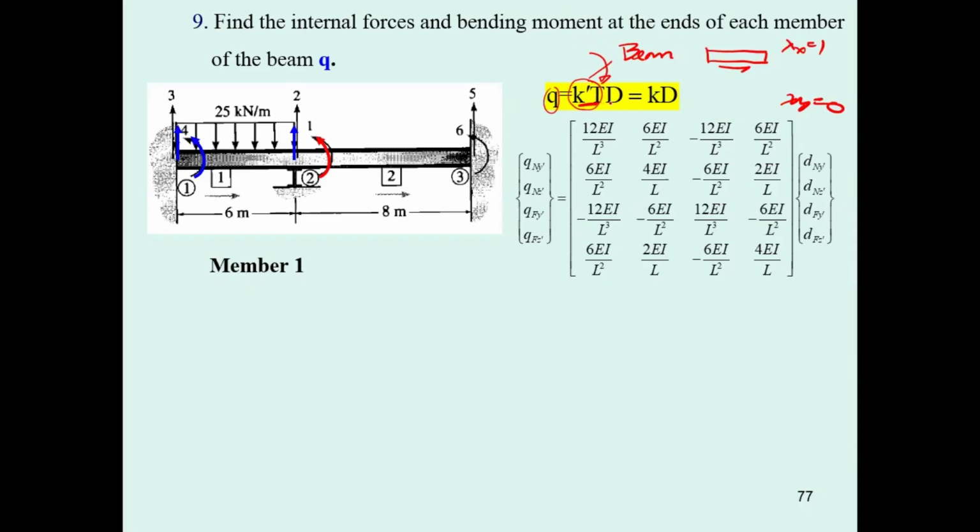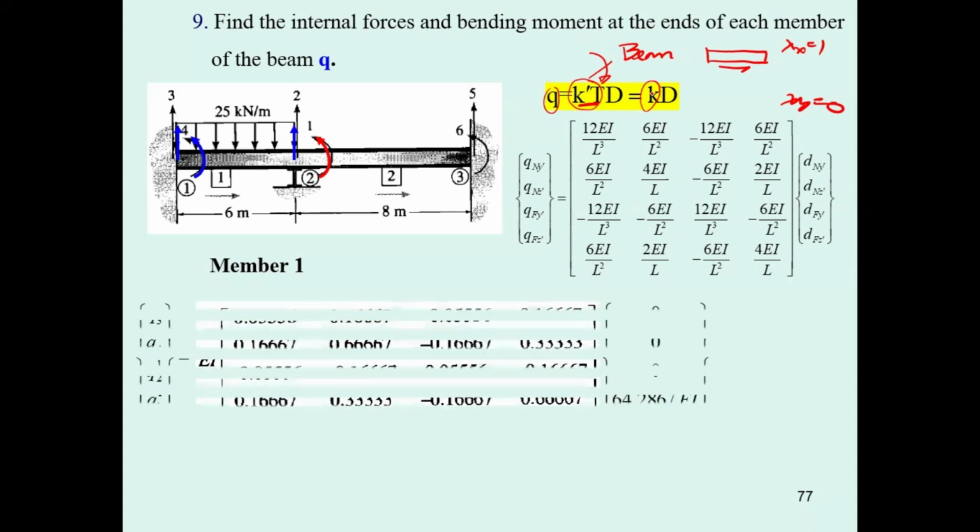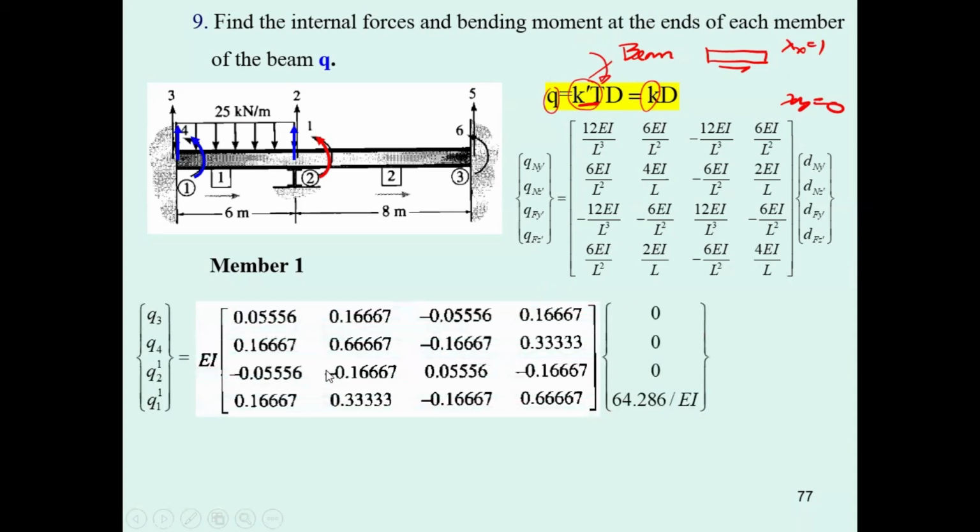Then the result of this one is going to be the small k matrix that we have in step number 4, if I'm correct. Okay, take it back to step number 4. Take this one. And you know this is going to be 3, 4, 2, 1. Capital D3, capital D4, capital D2, all of them 0. And this one, capital D1. And then EI eliminates. This is going to be the internal force for member number 1, force and moments.